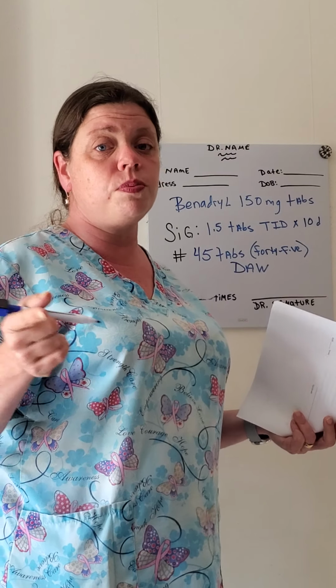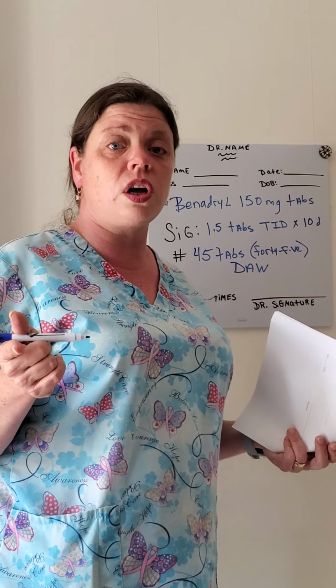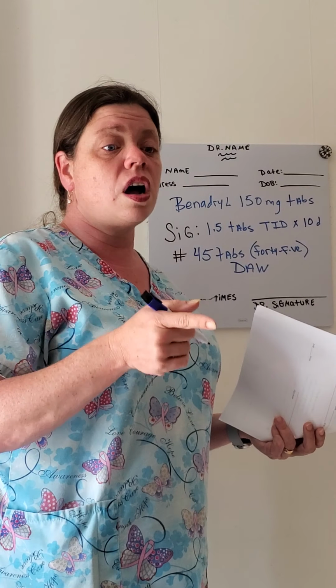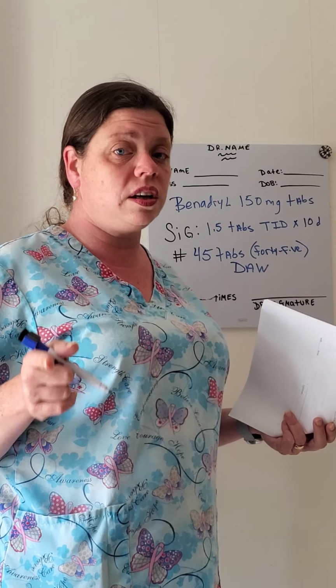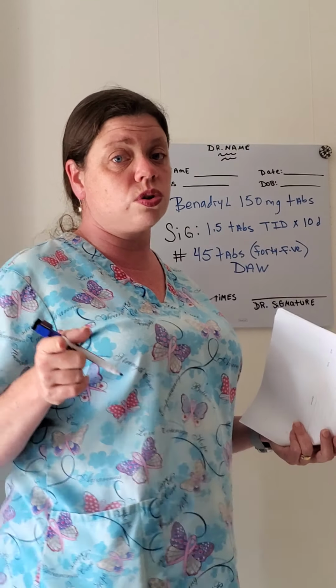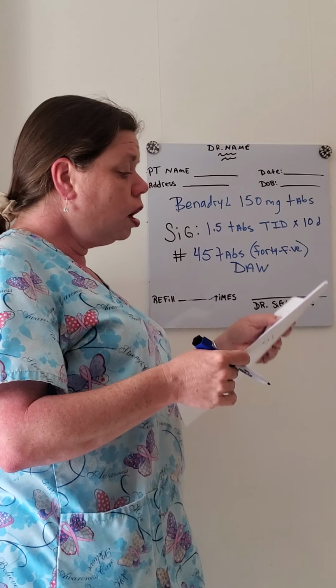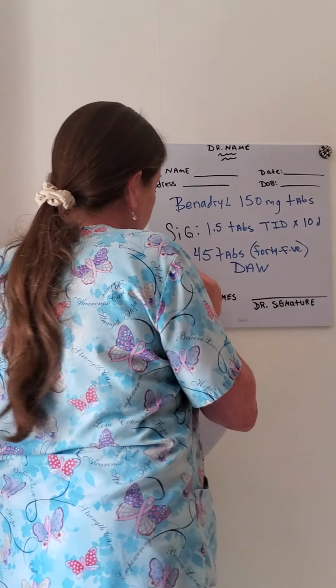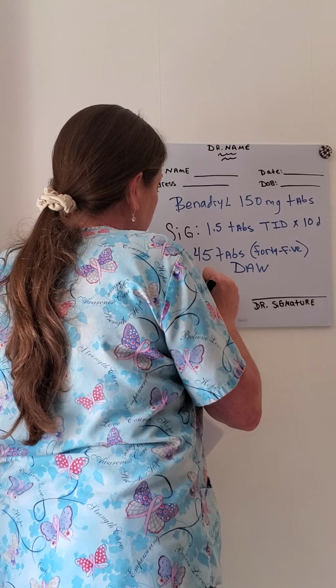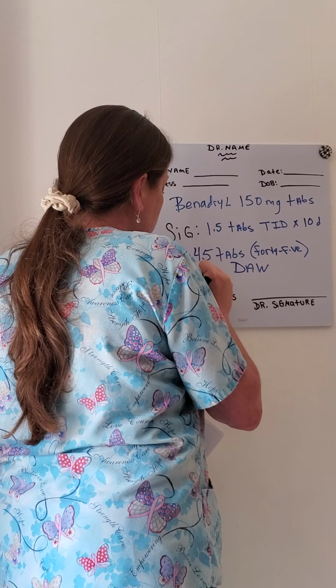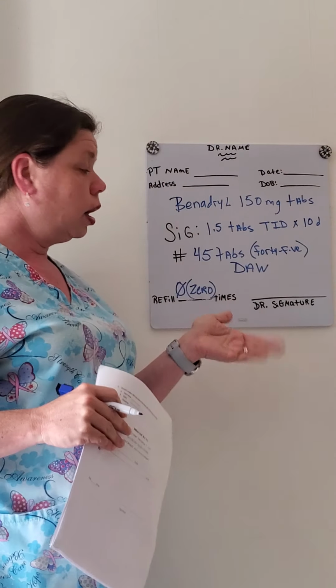We have to provide all the proof and fill out all the paperwork and go through all the push-ups to prove that the patient is not doing well on the generic, and that's why they need the brand name so the insurance will cover it. There's a lot of hoops that you got to jump through to make it happen, but you can do it. No refills are allowed, so again, this was a 0, Z-E-R-O, okay? And there you go.